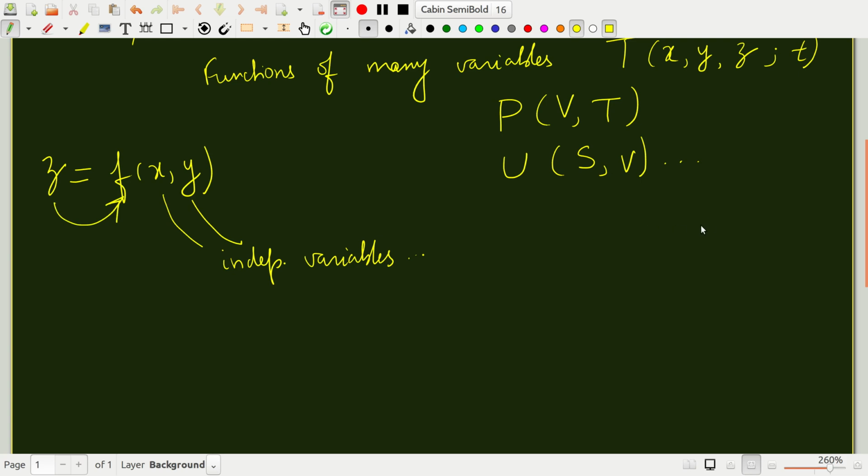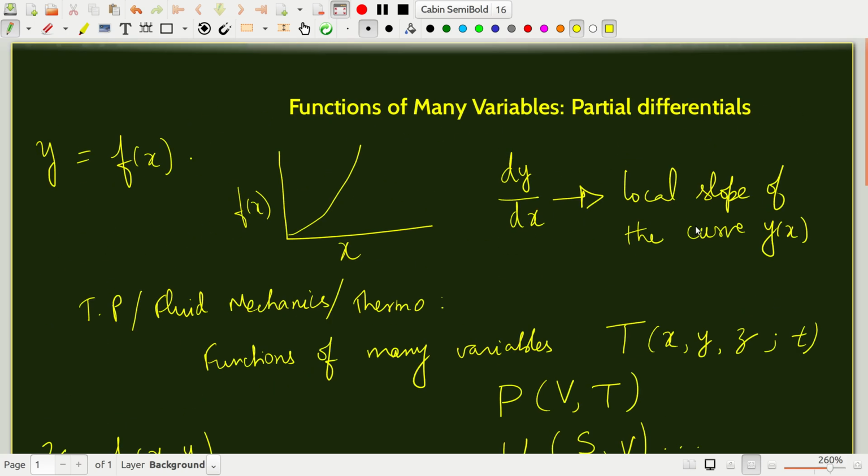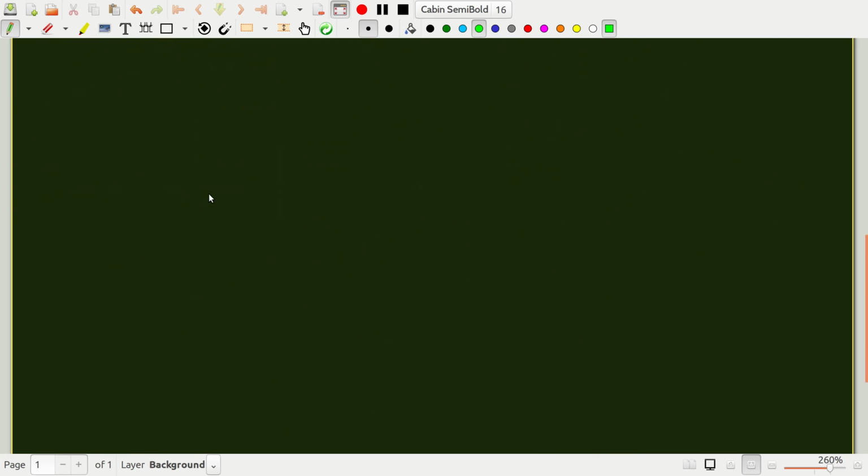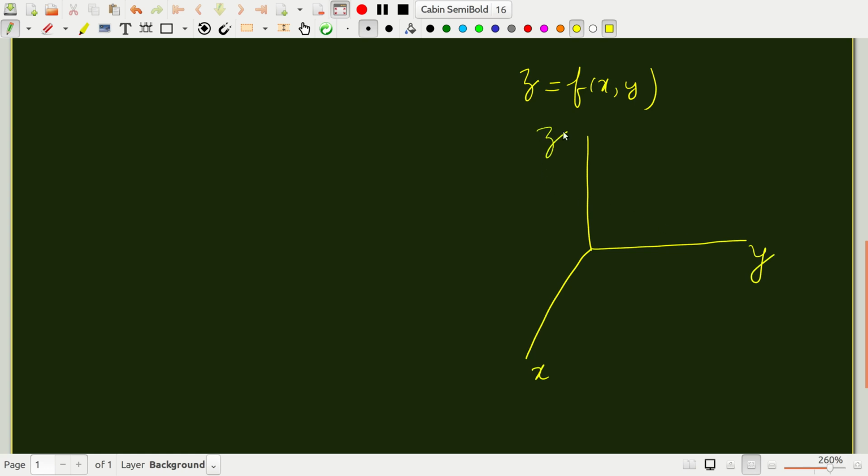Just as we saw that you can graph a function of a single variable, you can also graph a function of many variables, but unfortunately you need a higher dimensional space to graph these functions. In the case of functions of two variables, where z is a function of x, y, you can consider a three-dimensional plot of x, y, and the dependent variable z plotted in the perpendicular direction.